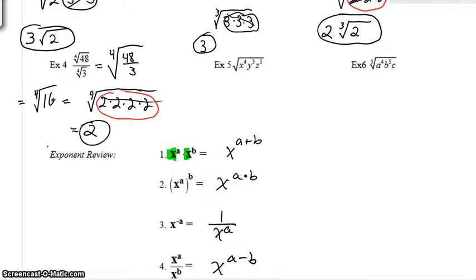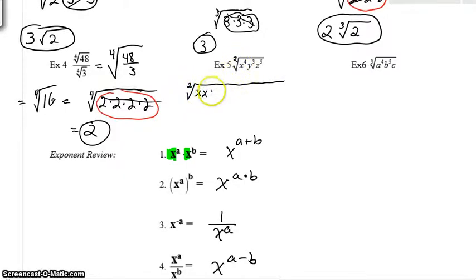For number 5 and for number 6, this is noticeably different. What I want to point out is the obvious statement that now we have variables instead of having to break down numbers in their factored form. In their own way, they're very much the same problem. You have a second root, a square root.